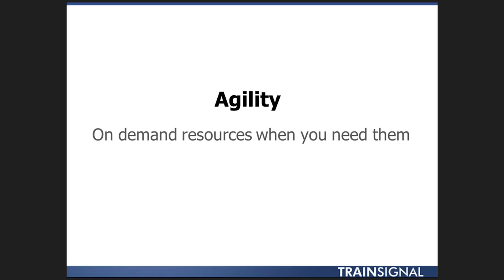You don't need to wait for IT after your business processes and approvals go through. We're seeing more and more of this concept of shadow IT, where these business units and application owners, rather than going through their IT department, are actually going to cloud providers such as Amazon and others to get their resources because it's fast, right?